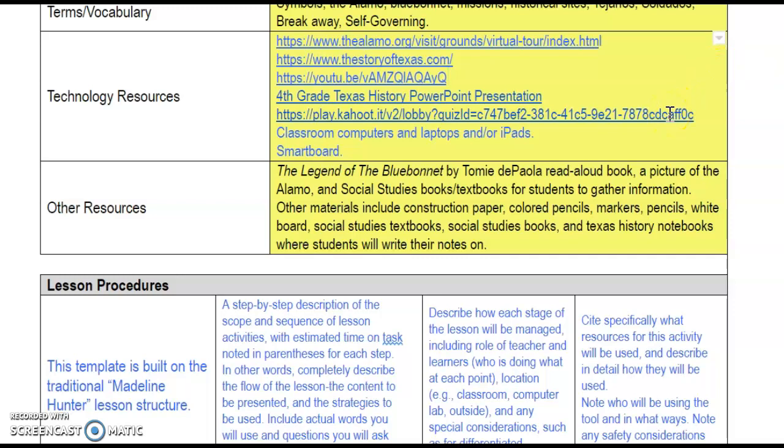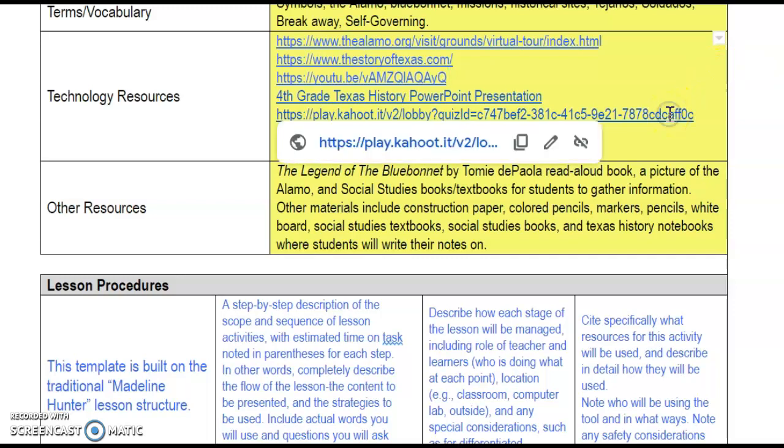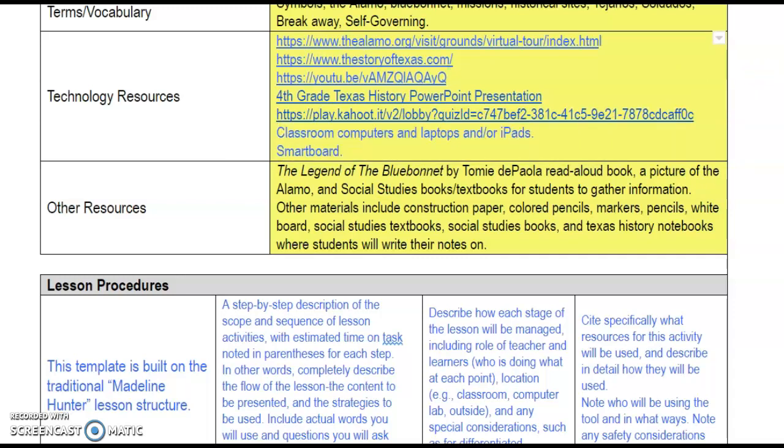And then at the end for my evaluate part is the Kahoot game, which includes 7 questions on the bluebonnet and the Alamo.